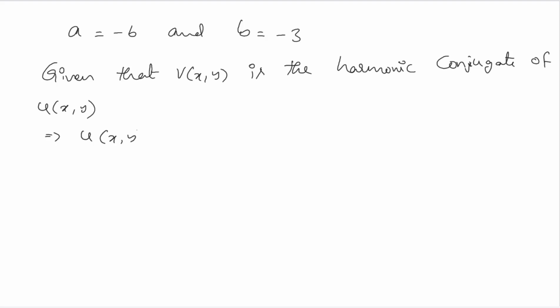What does that mean? When v is the harmonic conjugate of the function u, that means the two functions u and v satisfy the Cauchy-Riemann equations.